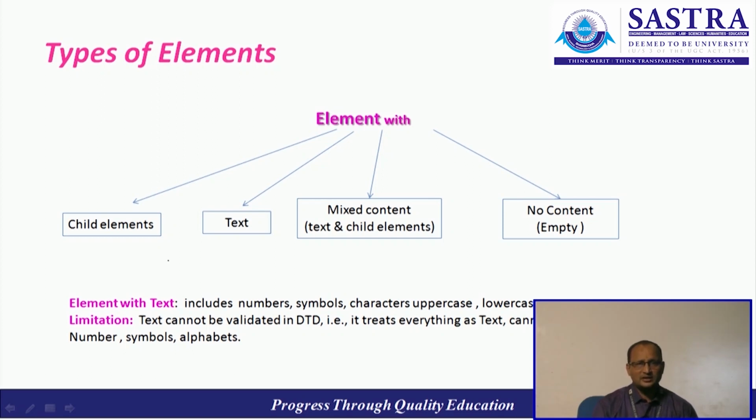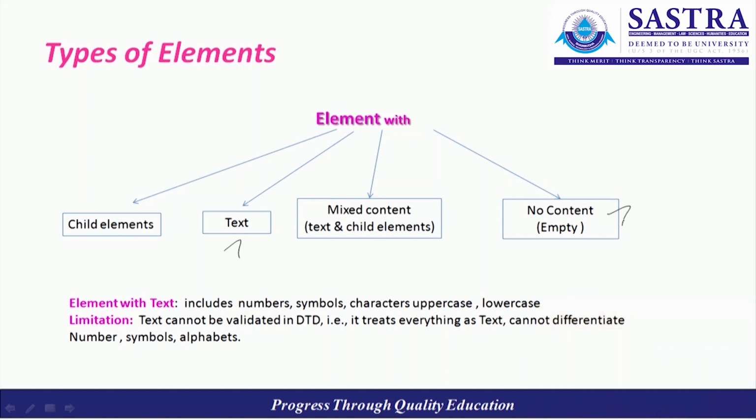An element can have text, and the elements may have mixed type of content, that is text as well as child elements, and sometimes it won't have any content at all. So this is an empty element.